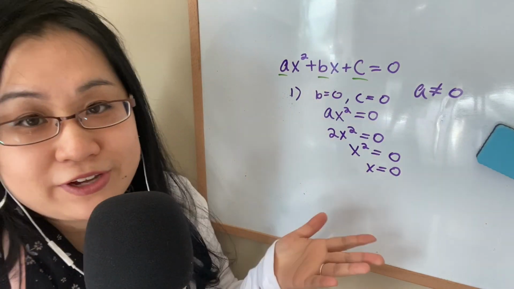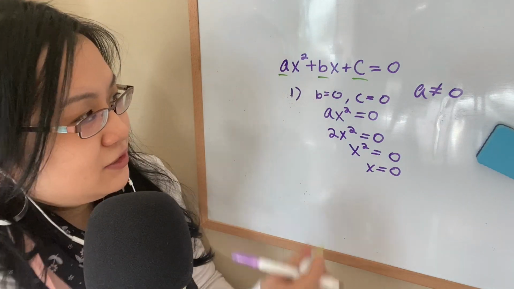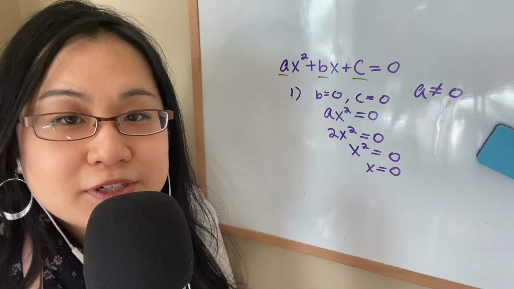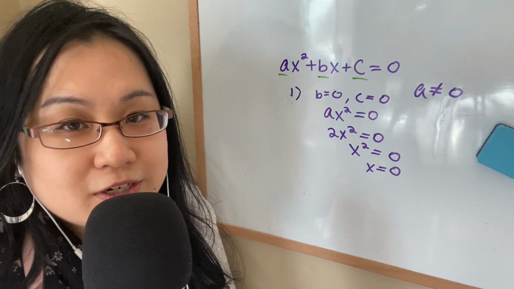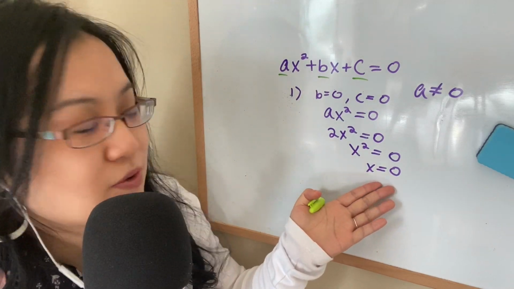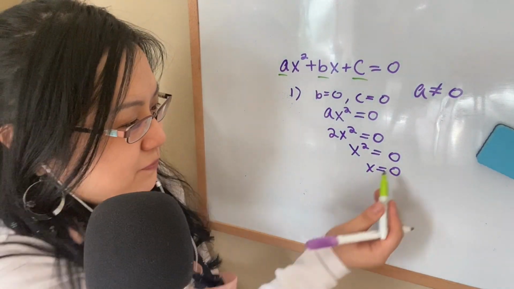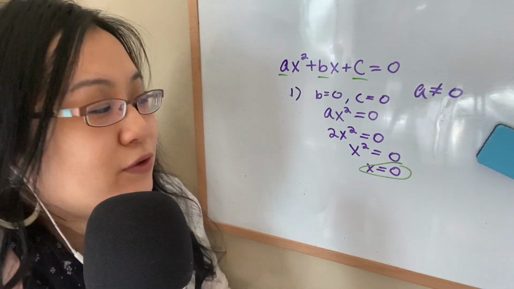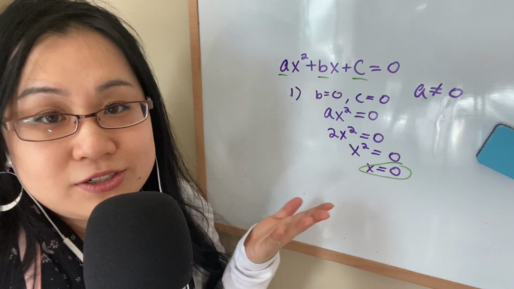Most trivial case, right? When literally this is 0 and this is 0. So your question might be 2x squared equals 0, or negative 5x squared equals 0, or pi x squared equals 0. The only solution to that is going to be x equals 0. Seems kind of trivial, but it's still important because that's still considered a quadratic.